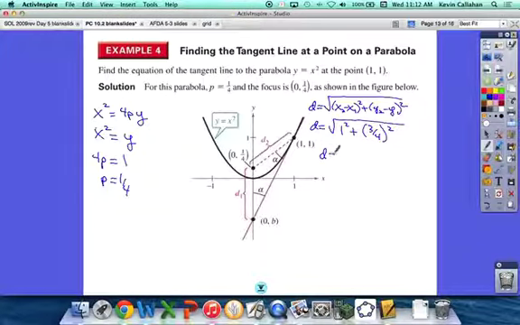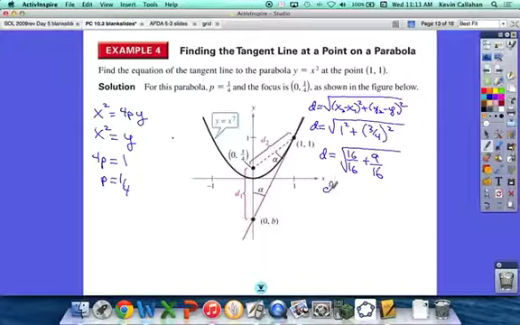So d equals the square root of, right, this term here, this 3/4 squared, that's 9/16. So let me make that 1 squared into something with a denominator of 16. So that's 16 over 16.